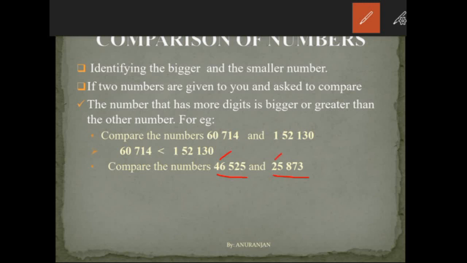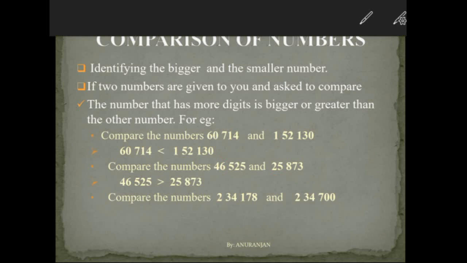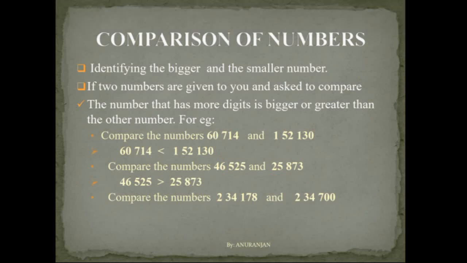The leftmost digit of the first number is 4 and the leftmost digit of the second number is 2. So now you can compare these two digits. 4 is greater or 2? Obviously 4. So you can say 46,525 is greater than 25,873.